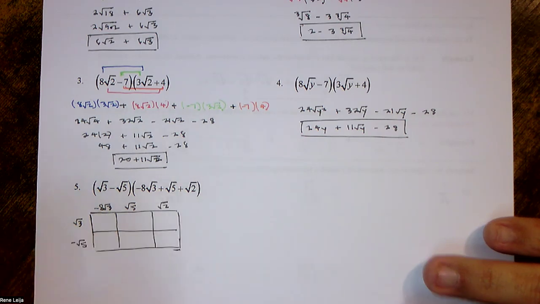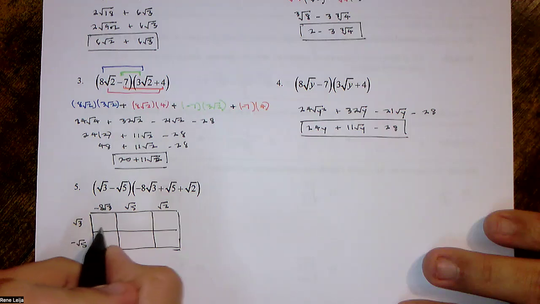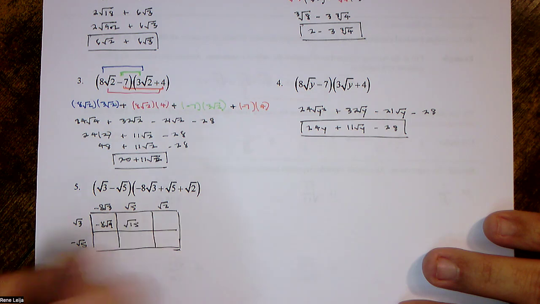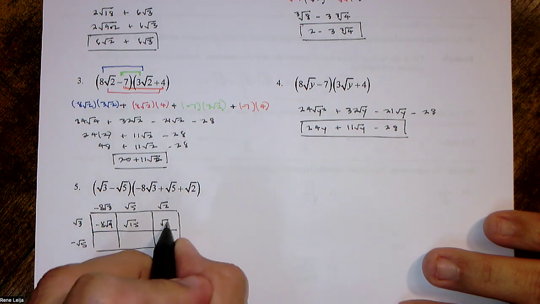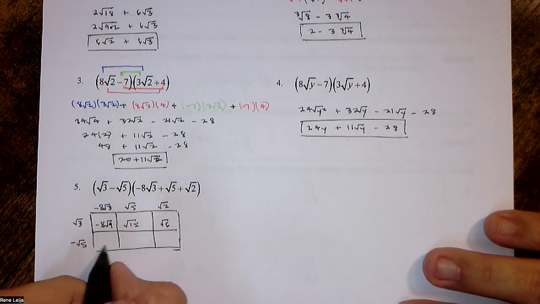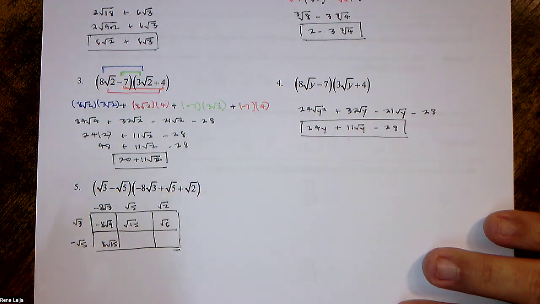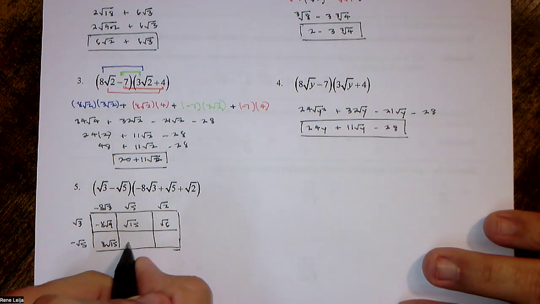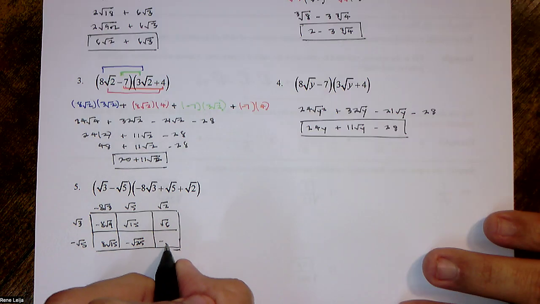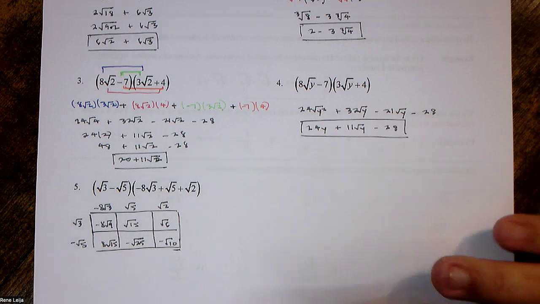Let's see what happens. So we're going to get negative 8 times the square root of 9. This is going to give us the square root of 15, and this is the square root of 6. Then we have positive 8 times the square root of 15. This is going to give us minus the square root of 25 minus the square root of 10.